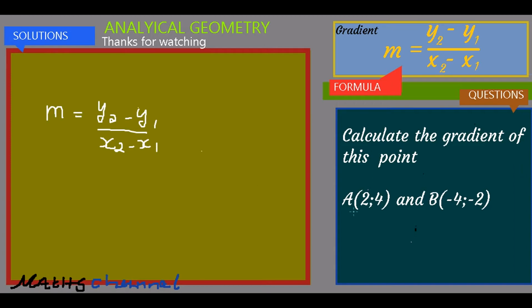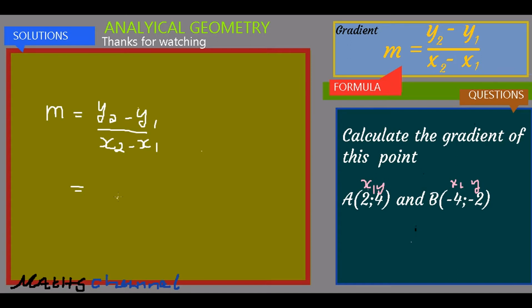So you have these 2 points, x and y. This is x, this is y. When you solve this one, you can choose any one to be your 1 or your 2.